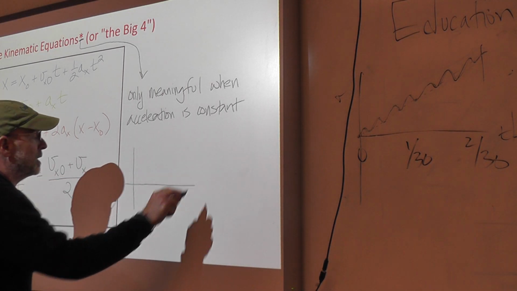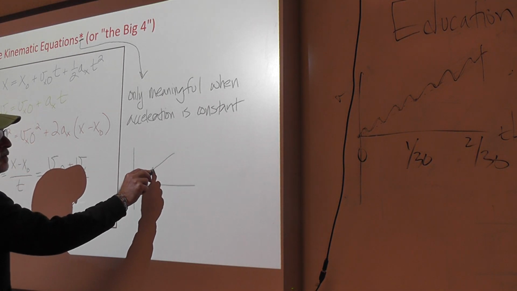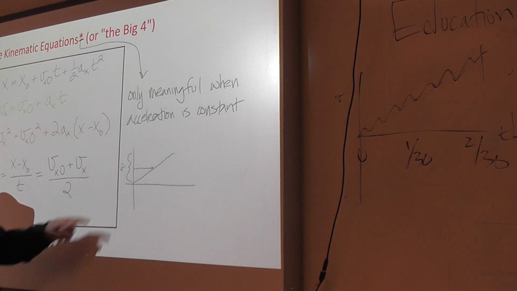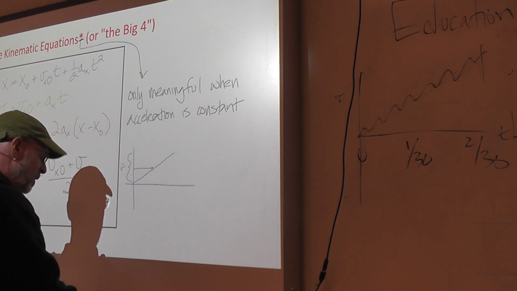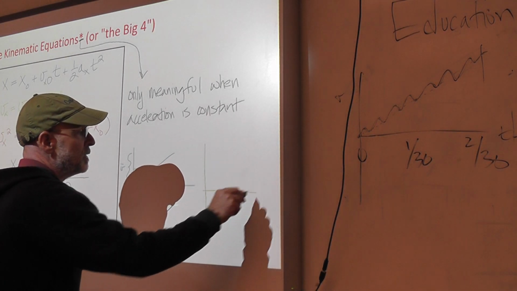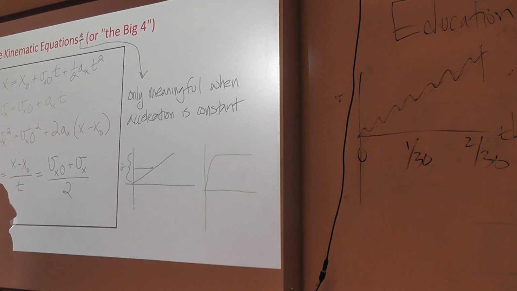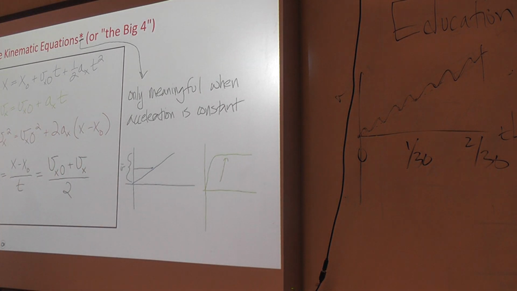If we have constant acceleration, then our velocity graph is going to look like this, and that means the average velocity is halfway in between the slowest and fastest speeds over that time period. If we have non-constant acceleration, then for all we know, the velocity looks like this. And that means the average velocity is way closer to the final velocity than it was to the initial velocity. So these equations will give you numbers, but they may not be meaningful unless acceleration is constant.